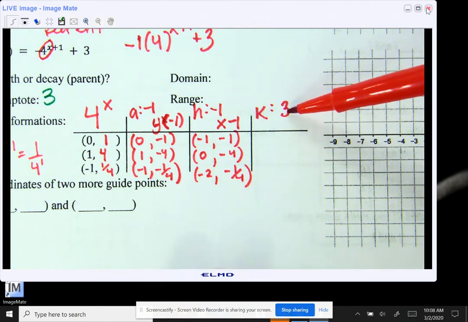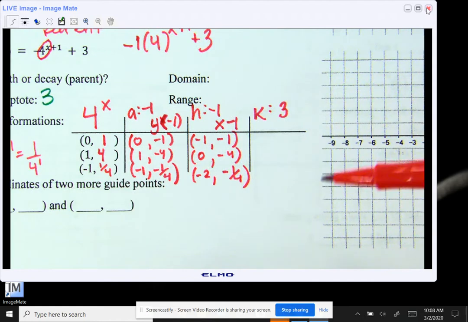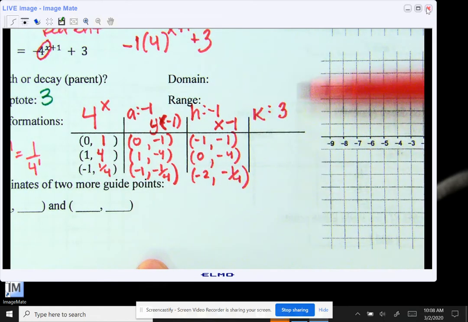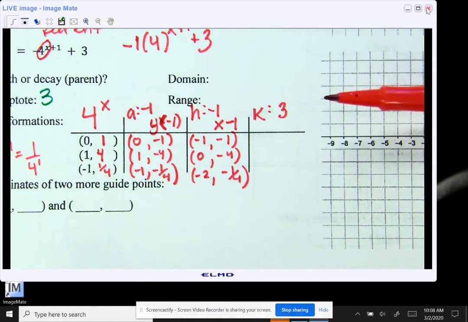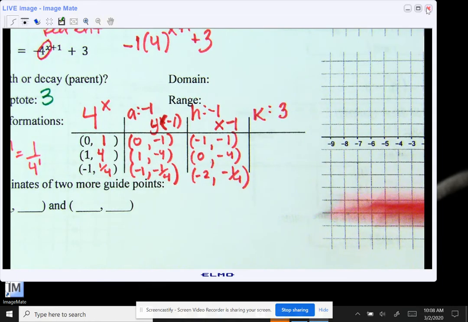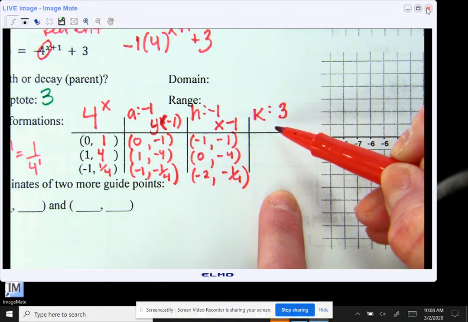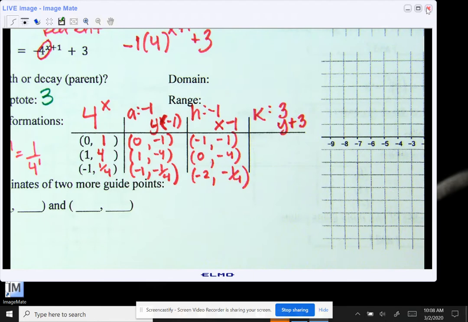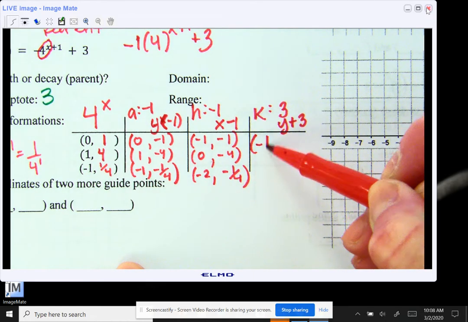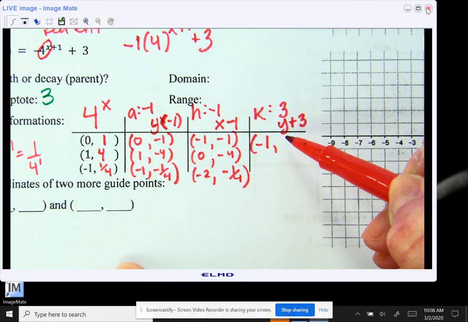And then for our last one, our k, it's a vertical shift, so that's our up and down. So my x value will stay the same, but my y value will change. It'll go up by 3. So y plus 3. x stays the same, y we add 3.